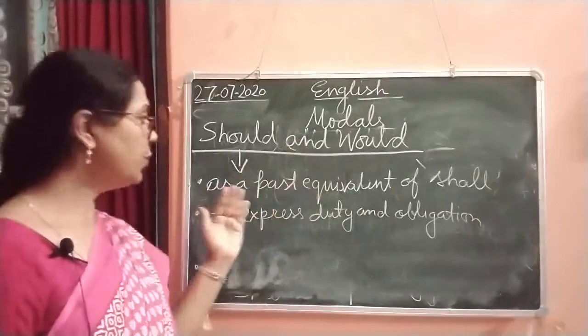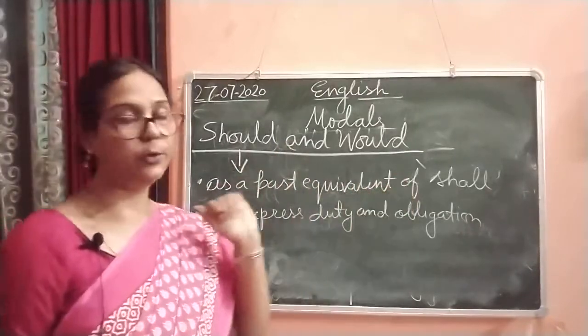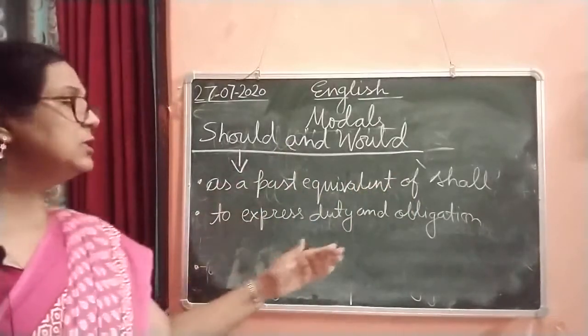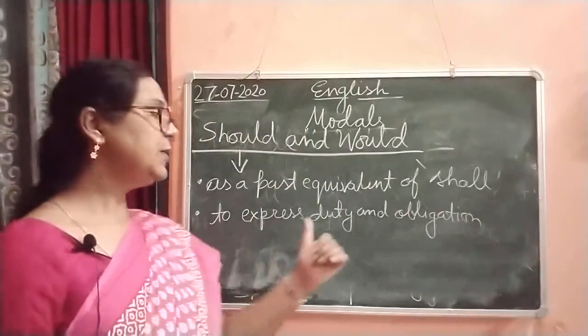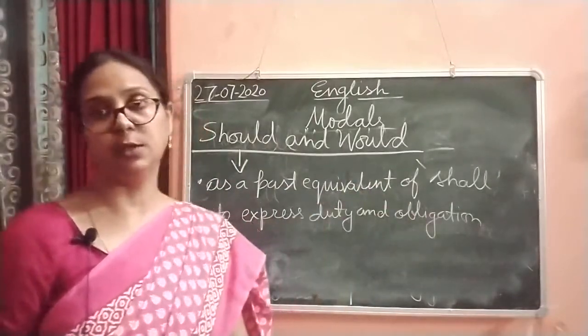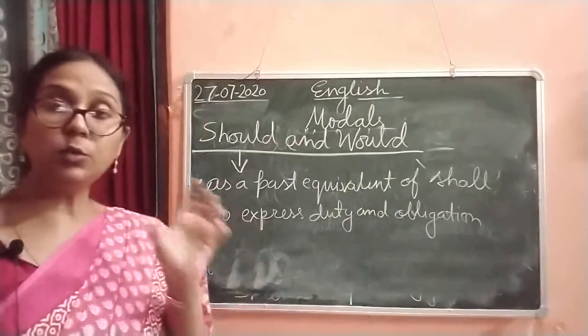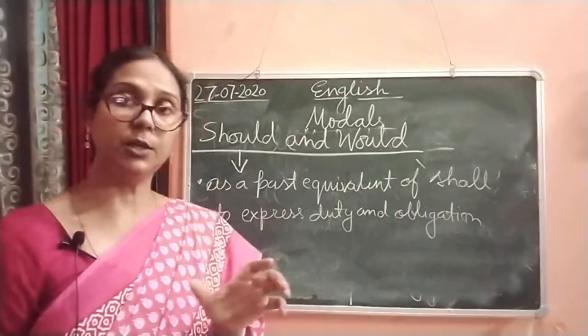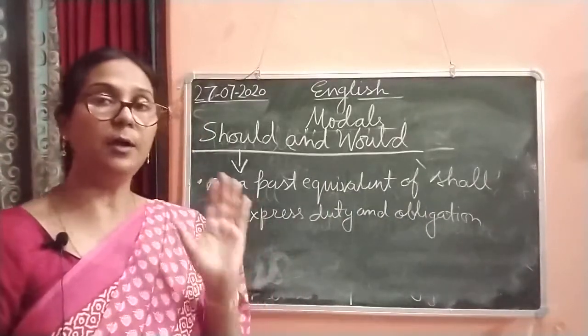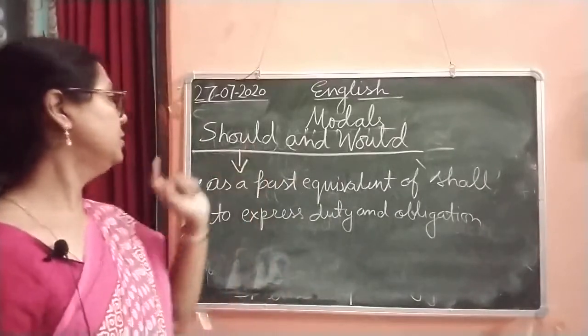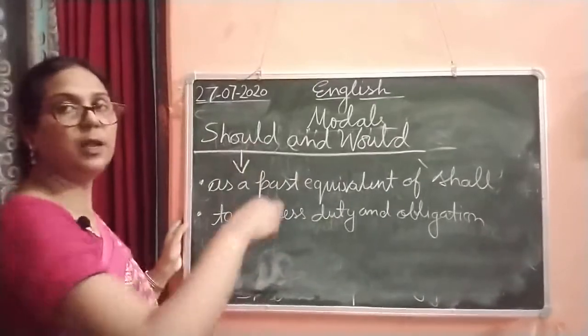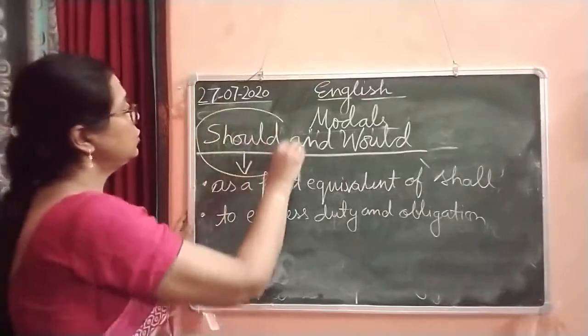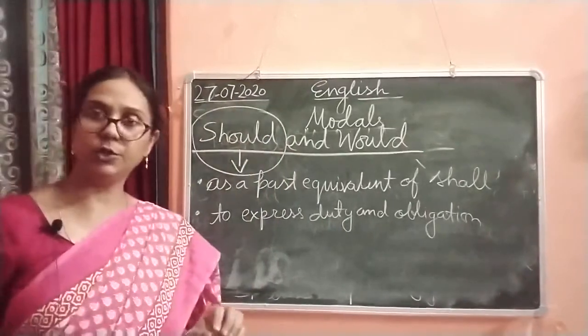Now, first point, I think it is clear to you. Now we are moving to second point: to express duty and obligation. To show the duty and obligation, we are supposed to use should. This will be used to show the duty and obligation.